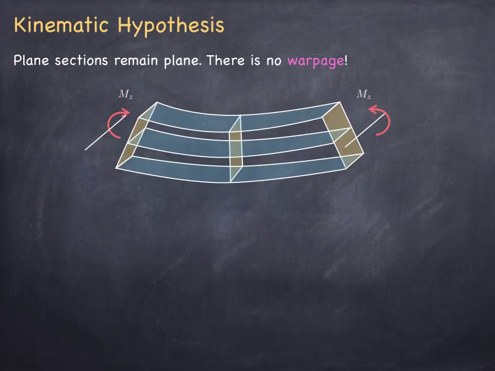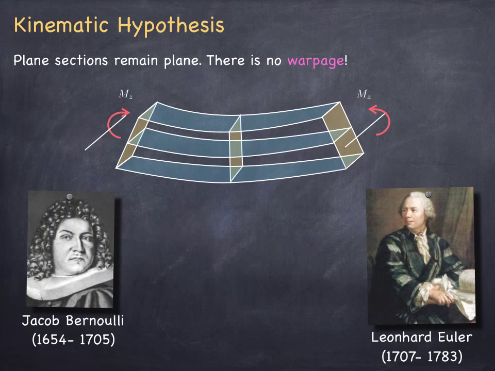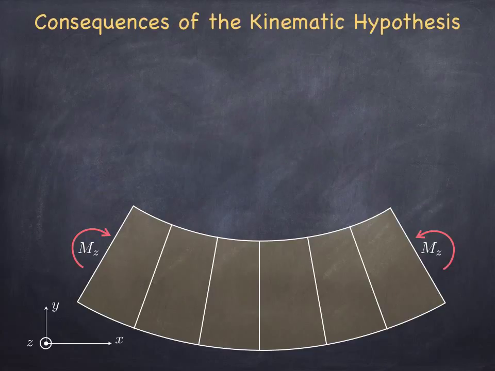It'll be an identical version of it that is merely translated and rotated in space. This kinematic hypothesis is due to 17th, 18th century mathematicians Jacob Bernoulli and Leonhard Euler, so it's simply called the Bernoulli-Euler kinematic hypothesis. Once we have the kinematic hypothesis, we can evaluate the consequences of it.